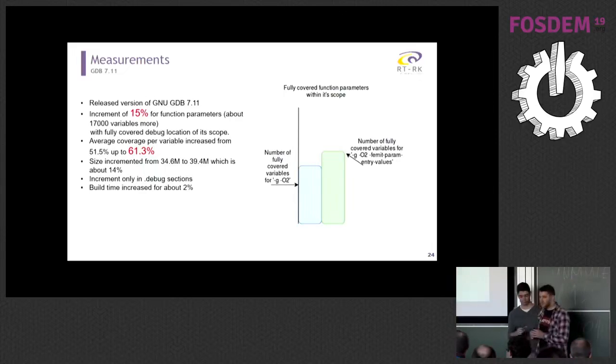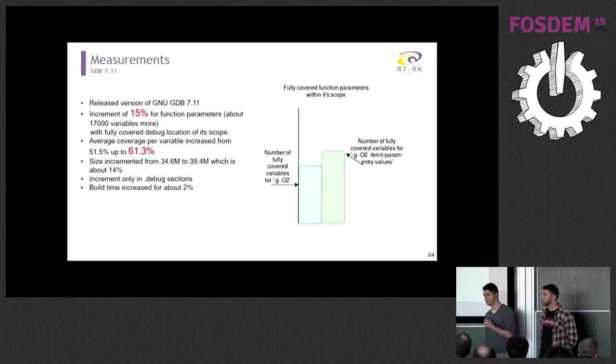I had a related question to that. First of all, thank you very much. This is really useful work because debug for optimized code in LLVM is behind GCC and has been improved. Have you looked at the impact of this on the GDB regression test suite? Because that has some quite good corner cases for testing things. So the question was whether we looked at GDB for some corner test cases.